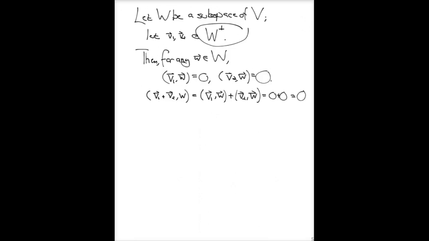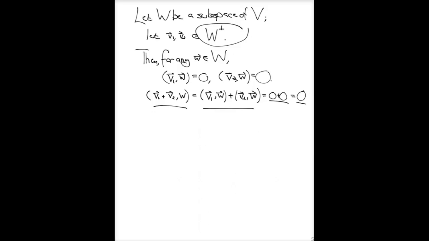And therefore, the inner product of v1 plus v2 with w can be written as the sum, inner product v1 w plus inner product v2 w, using the fact that the inner product is linear in the first and second variable. This, of course, is just 0 plus 0, or 0. And so we've shown that the set W perpendicular is closed under vector addition.